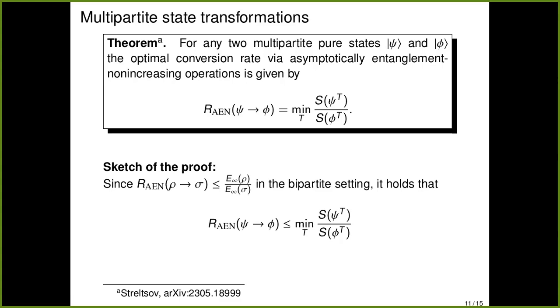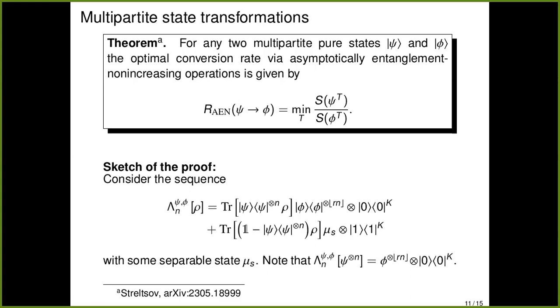Let me tell you how this can be proven. As I already mentioned, this rate is upper bounded by the fraction of regularized relative entropies, so this is definitely smaller than this. This is an upper bound, and now we just need to prove that it's achievable, so that there is a protocol that achieves this.